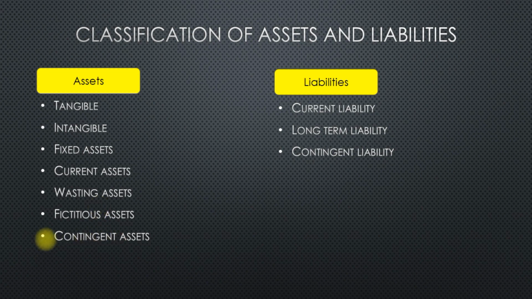Now let us see what are wasting assets. Wasting assets are assets which are depleted gradually or have reached the end of their maximum life cycle due to continuous extraction. Examples are mines, quarry, oil rig, etc. Wasting assets are depleted because of continuous extraction or use of assets, whereas fixed assets are depreciated.